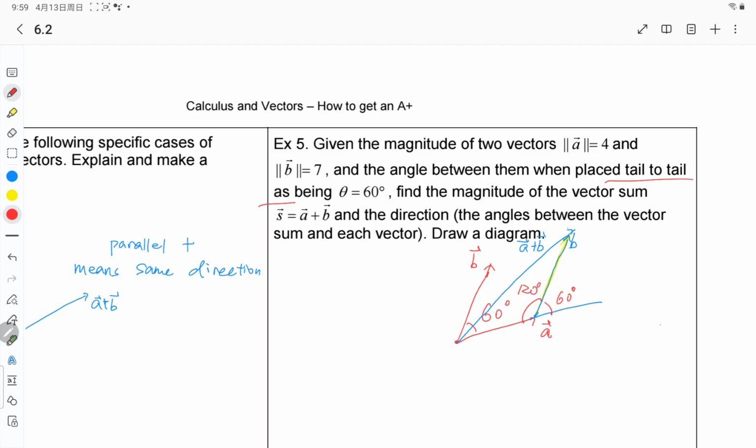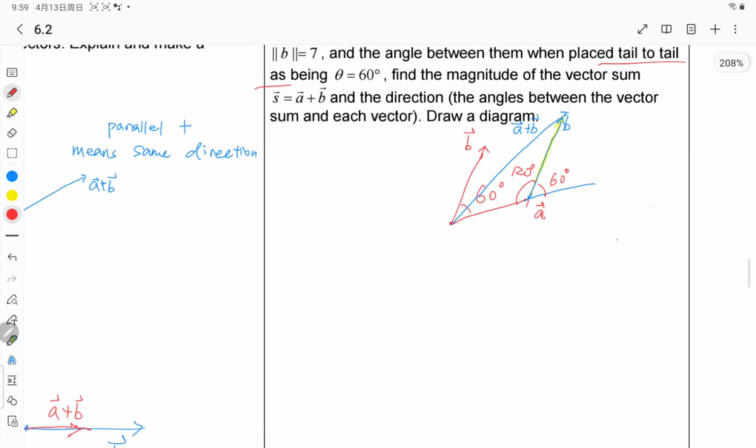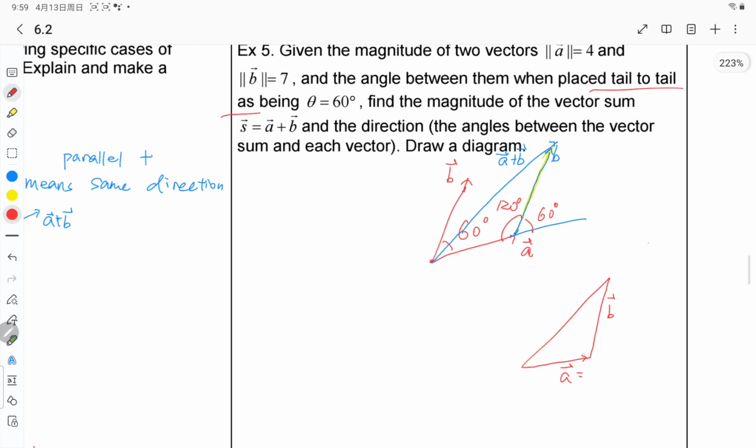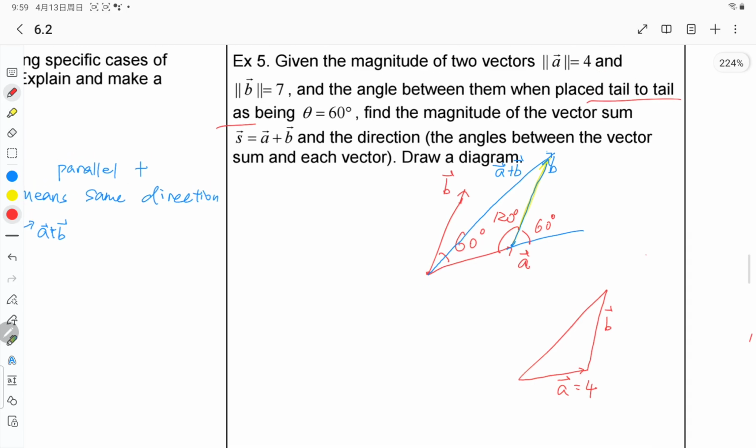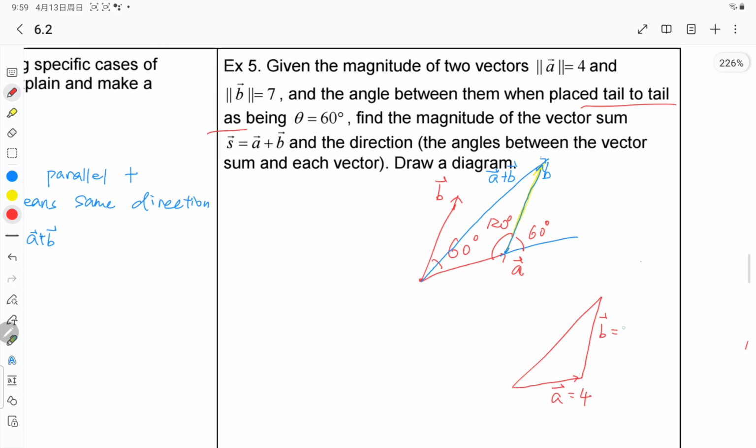And so that we can draw the triangle again. You should draw it on your own. Okay, so this is A, and this is B. If I were to add this as an example in the midterm or final, you should know, right?